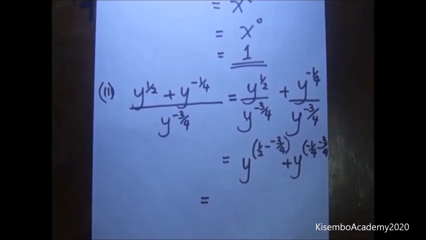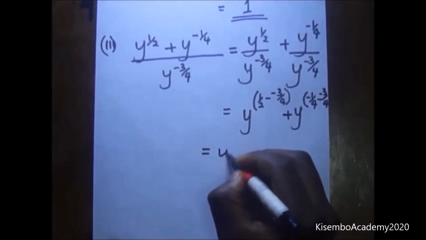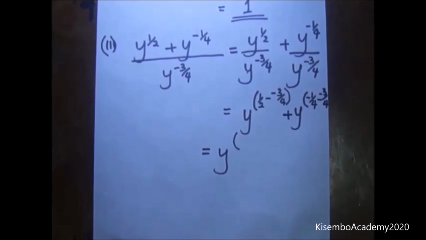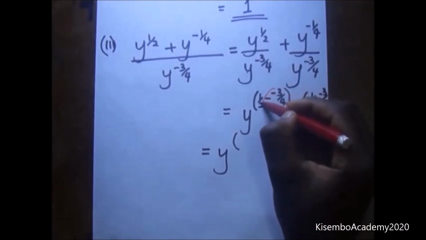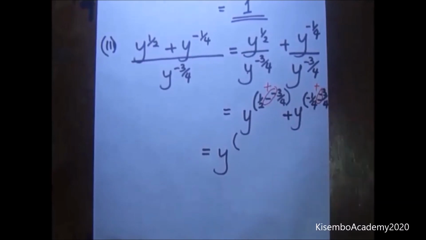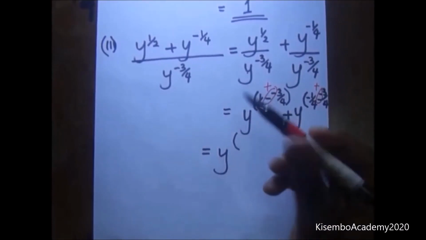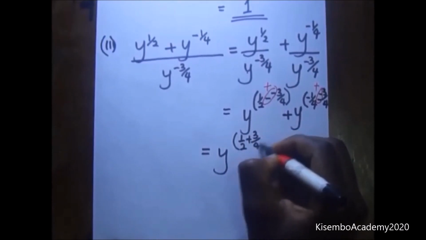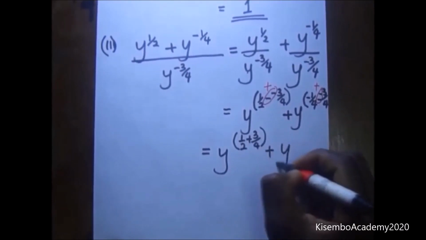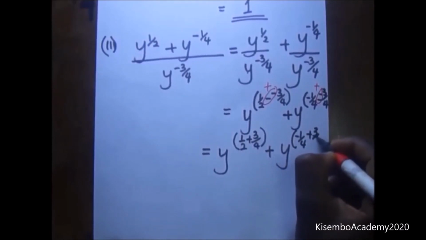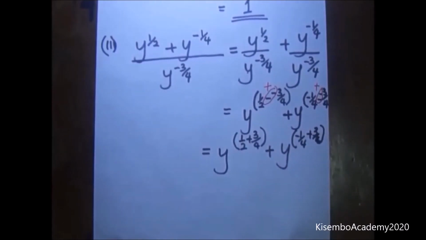So this will be equal to y to the power, this is going to become a positive, because negative will become a positive, even here negative will become positive. So it's going to be y to the power a half plus 3 quarters plus y to the power negative 1 over 4 plus 3 over 4.